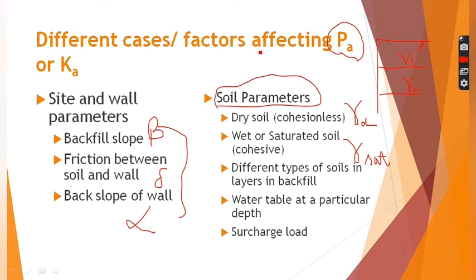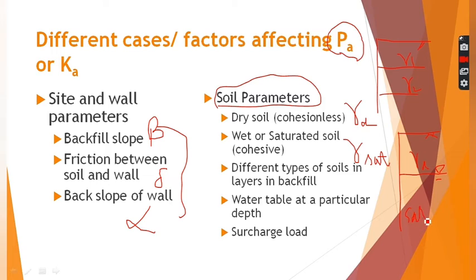Next, water table at a particular depth. There can be a case where, behind the retaining wall, this is the retaining wall and the backfill. At a particular depth below the ground, the water table is present here. So this will be dry soil and this will be saturated soil.